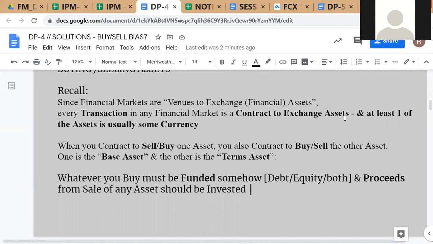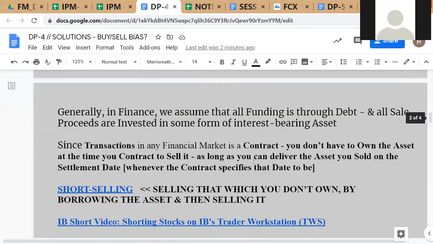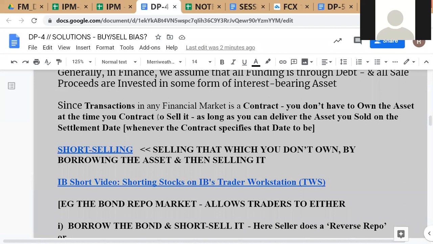And usually one of those assets will be a currency, because we are trading most things, whether it's copper or crude oil, or another currency, or common stock of Microsoft, or bonds issued by Tesla. Whatever you're trading, you're usually trading it against some currency. So usually the other asset is a currency. So it's a contract to exchange assets.